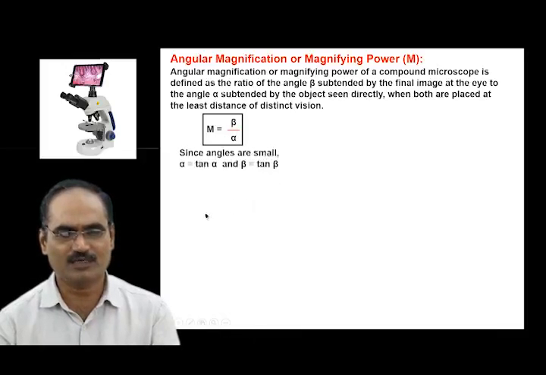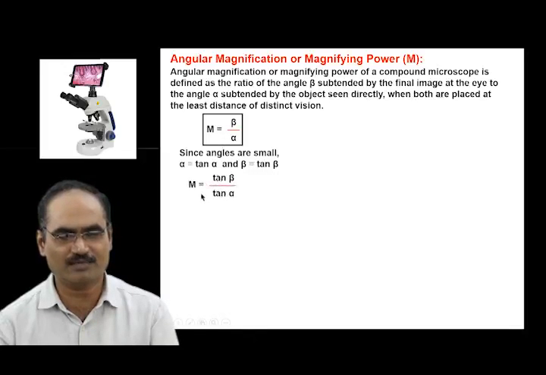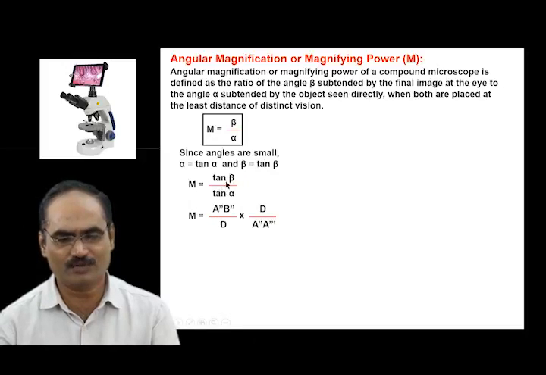For small angles, alpha is equal to tan alpha and beta is equal to tan beta. Therefore, magnification can be written as tan beta by tan alpha. Let us go back and see now.